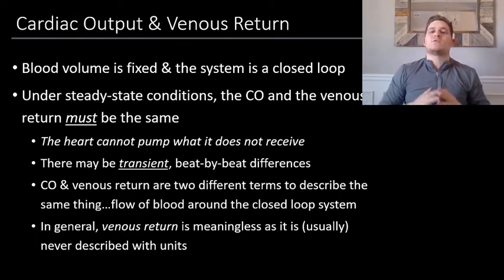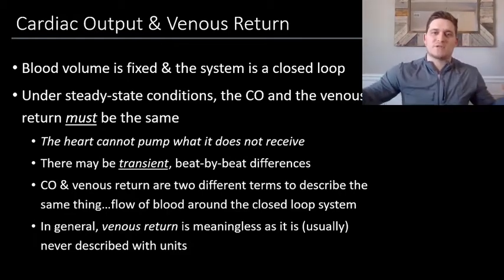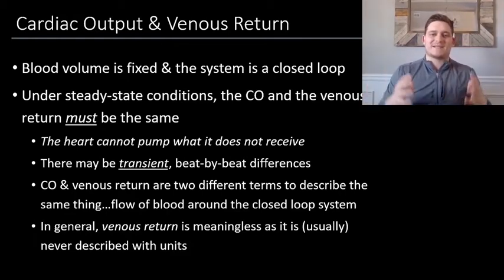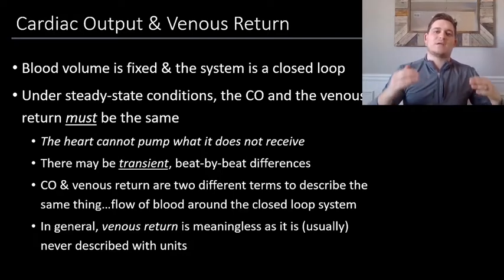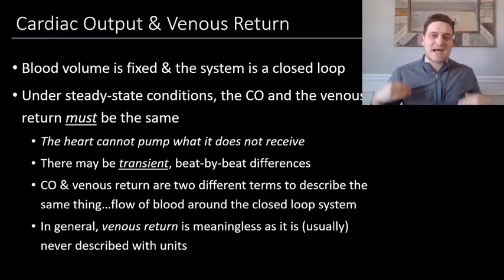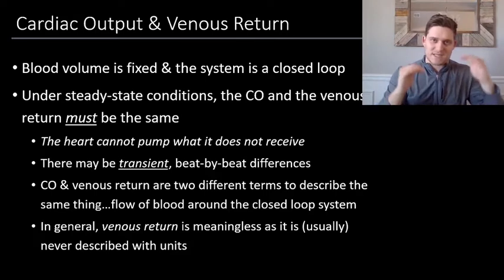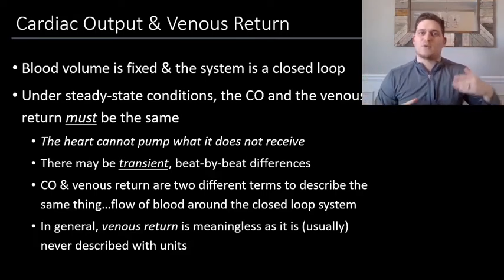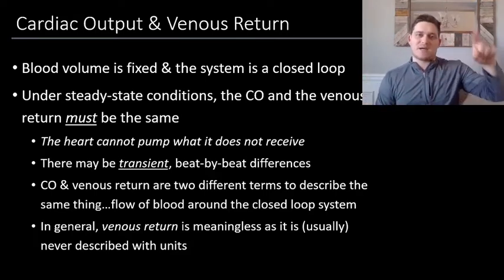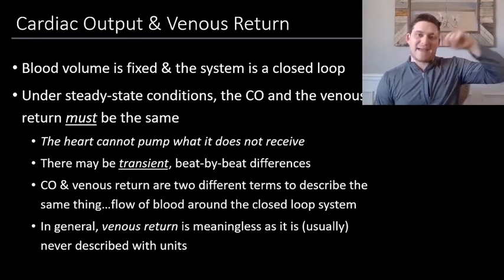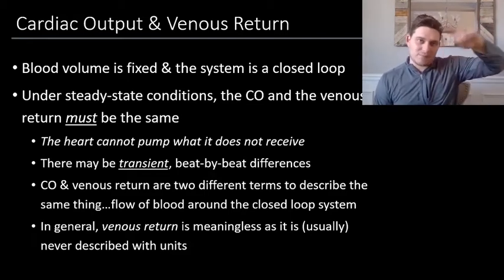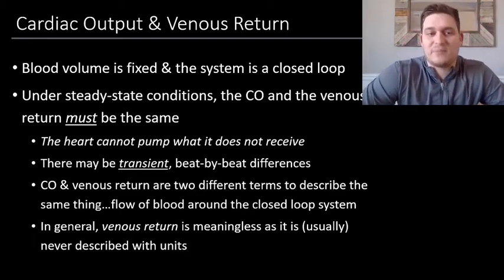And now, even though we're saying it as two separate terms, they're really describing the same exact thing. How much blood is moving throughout this entire closed loop system? Because again, it should be at equilibrium. Whatever is coming out should be pumped back to the heart in order to keep up with that flow of blood.